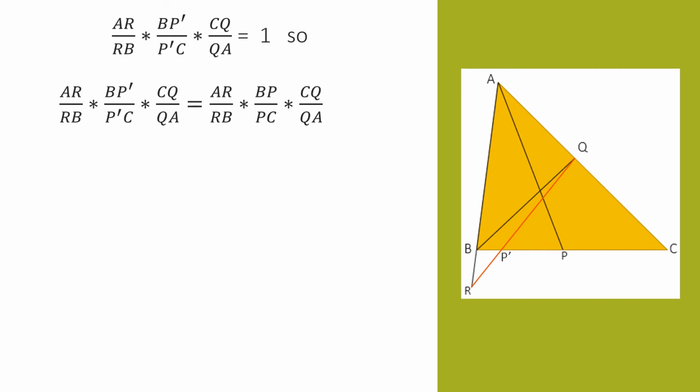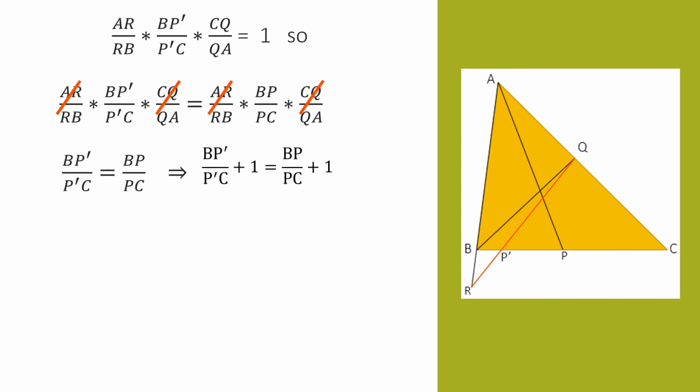We can cancel things on both sides and get BP prime over P prime C equals BP over PC. Then we're going to add 1 to both sides. That results in BP prime plus P prime C all over P prime C equals BP plus PC over PC.